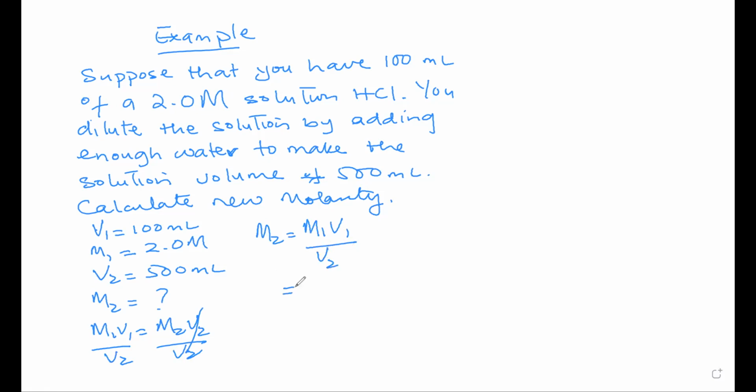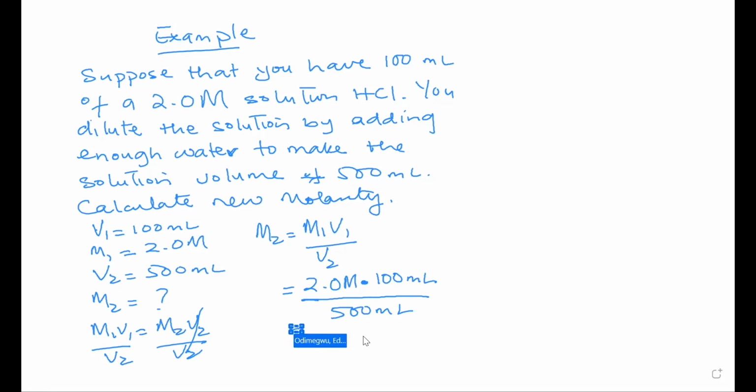So M1 is 2.0 capital M times V1, 100 ml, all over V2, 500 ml.